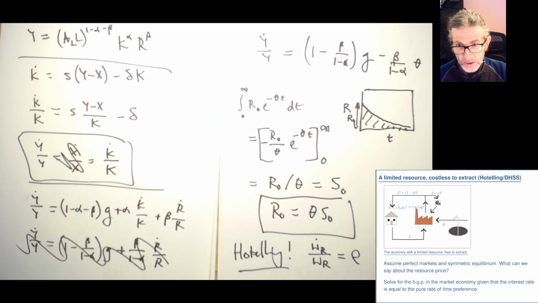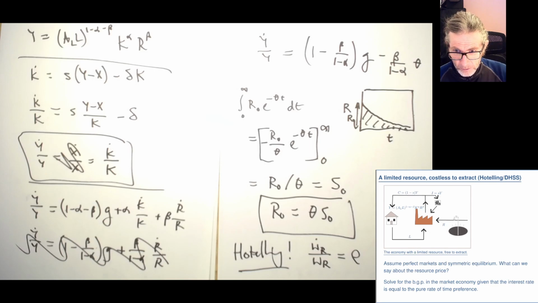If you want to hold that resource stock, the value of the asset must grow at the same rate as the value of other assets. The value of the resource stock grows through the price growing. So if it's not growing at rho, then it can't be an equilibrium.